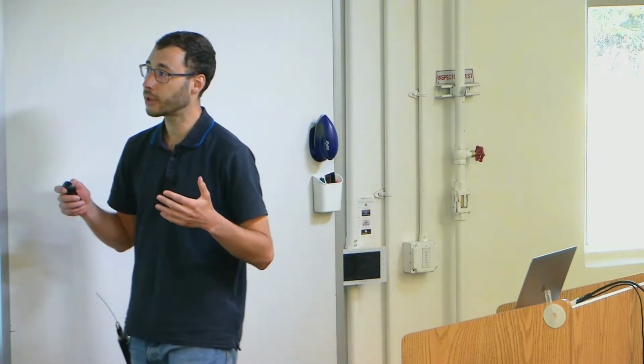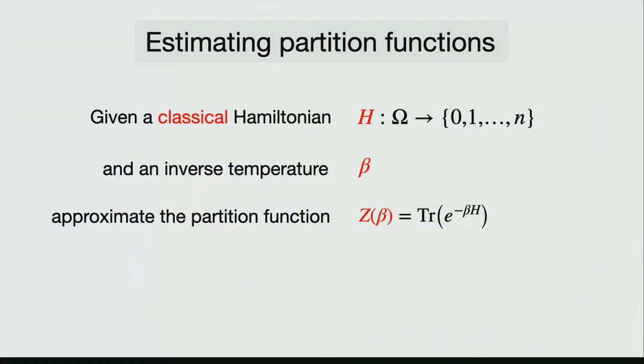You are given a classical Hamiltonian, an inverse temperature, and the partition function at the corresponding temperature is defined as the trace of e to the minus beta H. If you recall the definition that Anthony gave this morning of a Gibbs state, this was exactly this quantity.